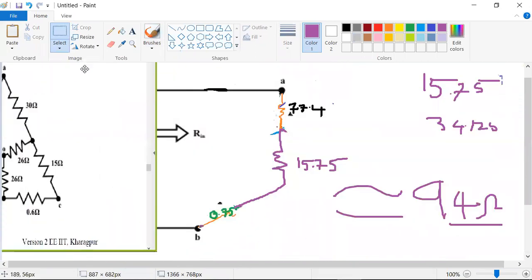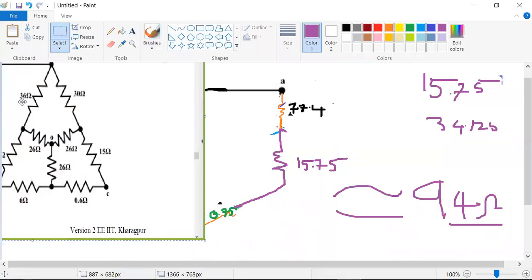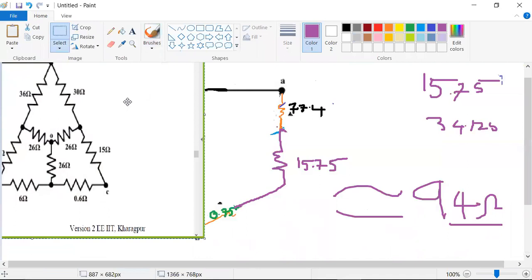From this diagram, we converted this 36 and 30 and this star making circuit. Let me add the circuit itself. Here we added some resistor. This resistor value is 78. From this 78, we converted star. After converting 36 into 30, 36 into 30 divided by 144, then it will become 9, not 77.4. Please make that value 9.